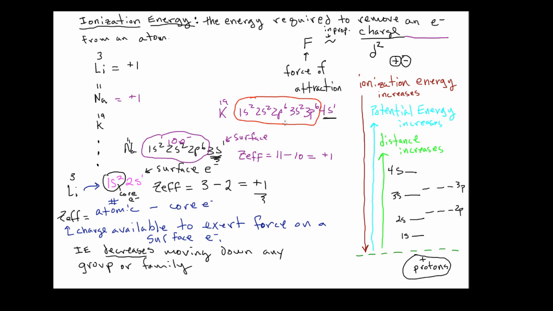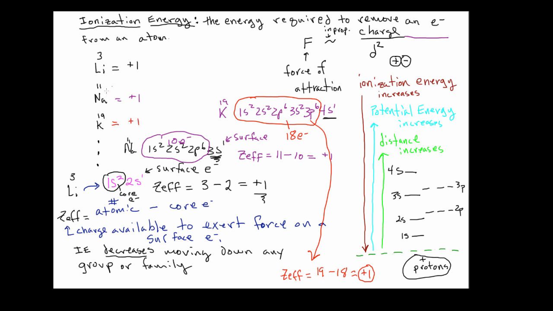If you count them up, we've got a total of 18 electrons here. So your Z effective for potassium is going to be 19 for the atomic number minus 18, and lo and behold, see, our effective nuclear charge is +1, which is what it was for sodium and lithium.